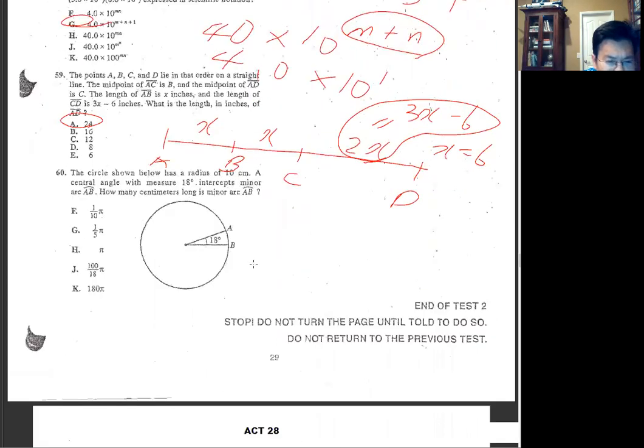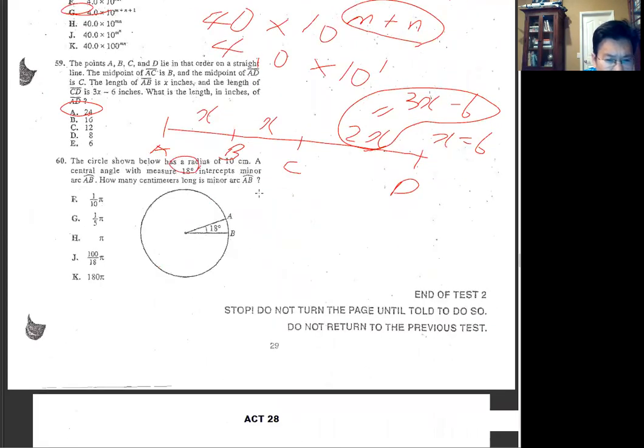AB, so 18 degrees, how can you change it to radians is the question. So 18 is x, 180 is pi.